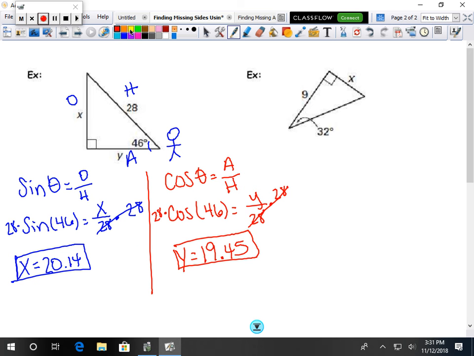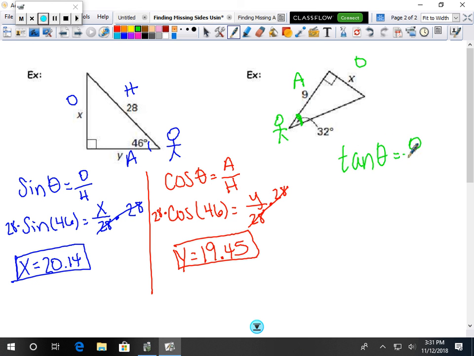Looking at this next example here, 32 degrees is pointing to this angle here, so this is where I'm going to draw my stick man. I'm going to label my sides. X would be O and 9 is A. There's nothing on my H side. So the trig function that uses O and A would be tangent.